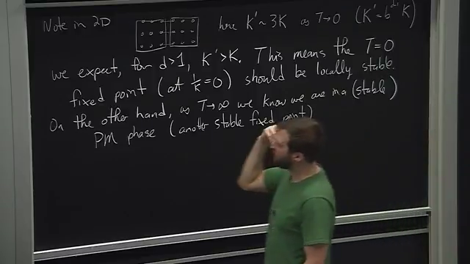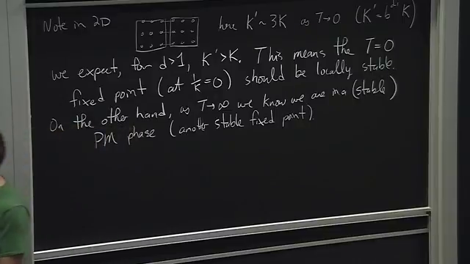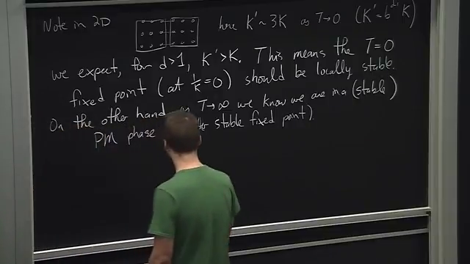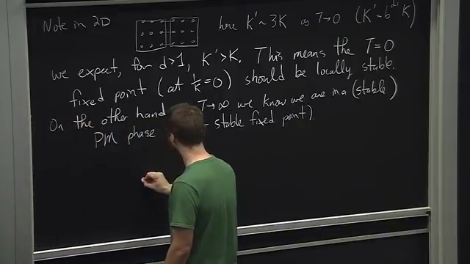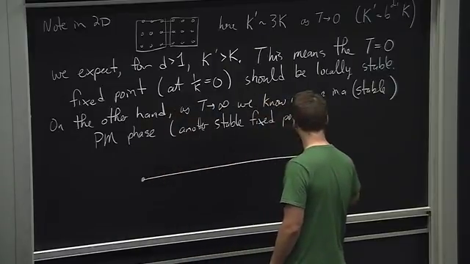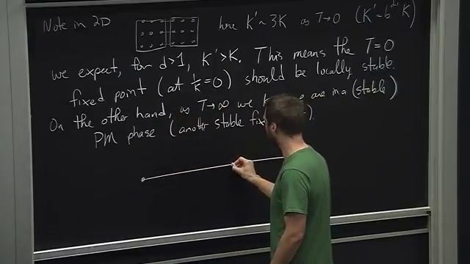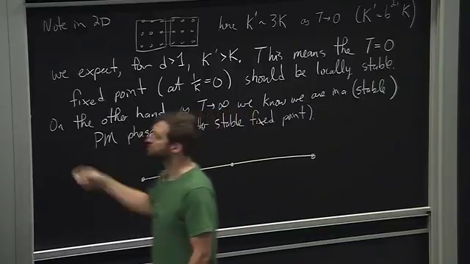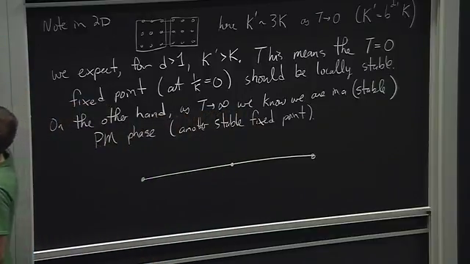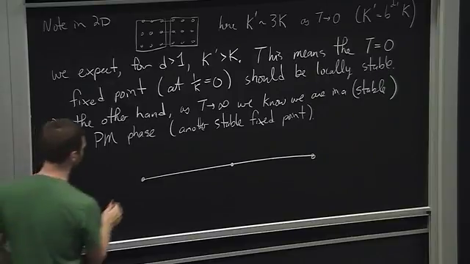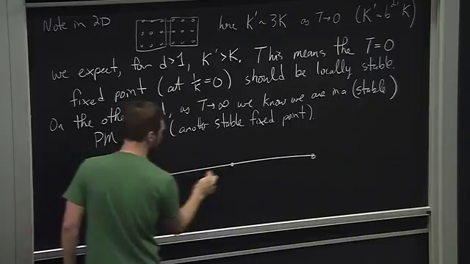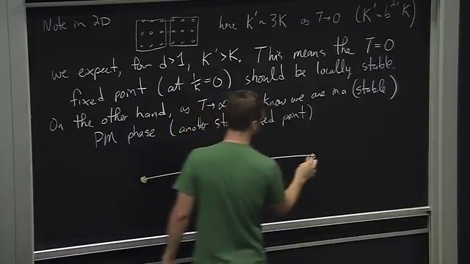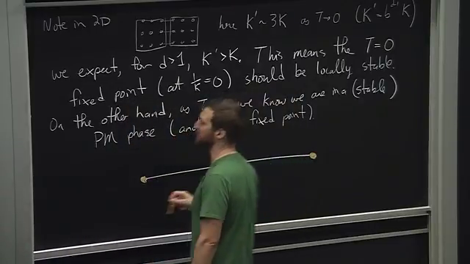So even though we still have one variable, K, the diagram should look like the diagram we expected in 2D, where we have a low temperature, an intermediate temperature, and a high temperature fixed point.